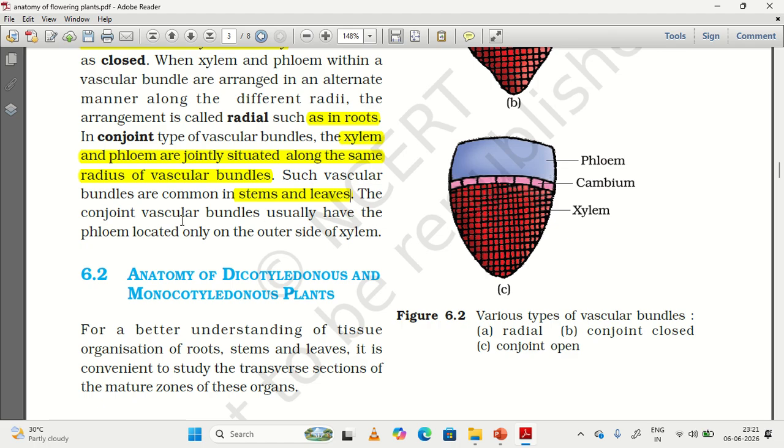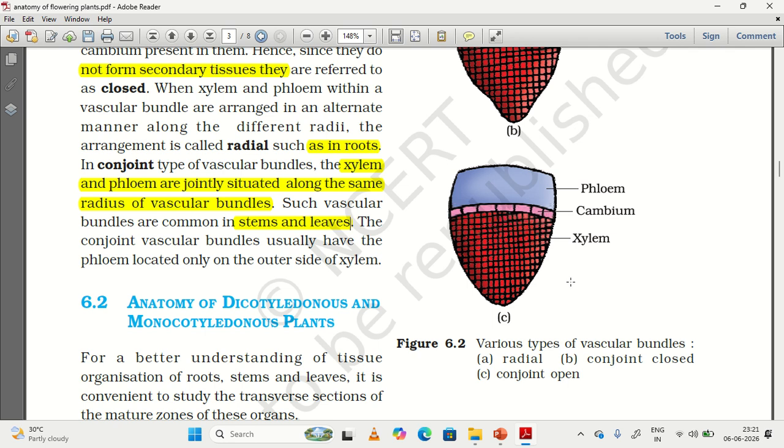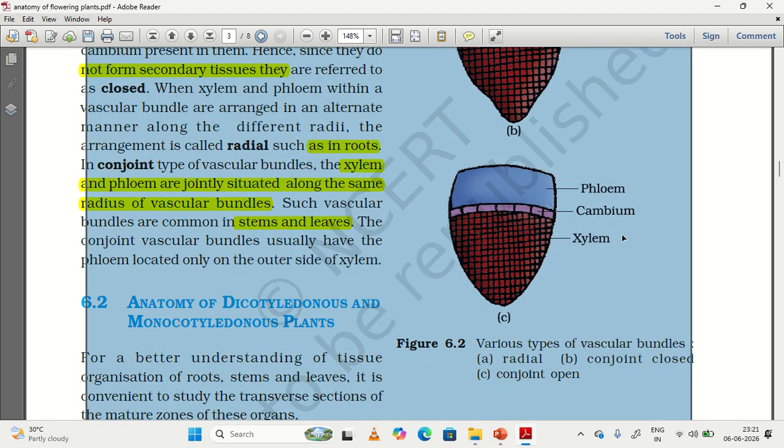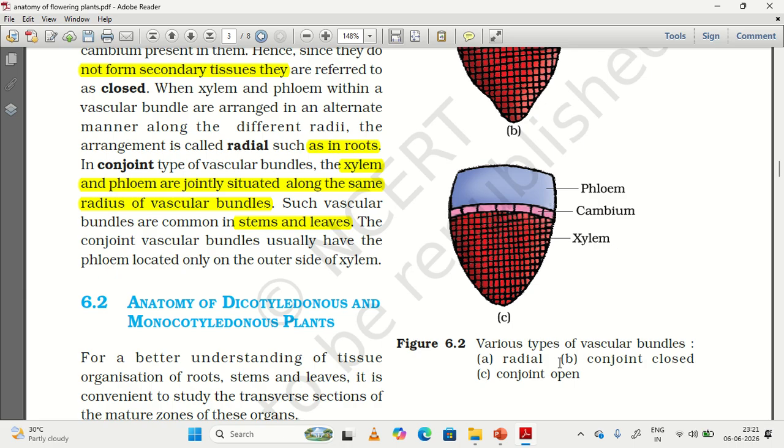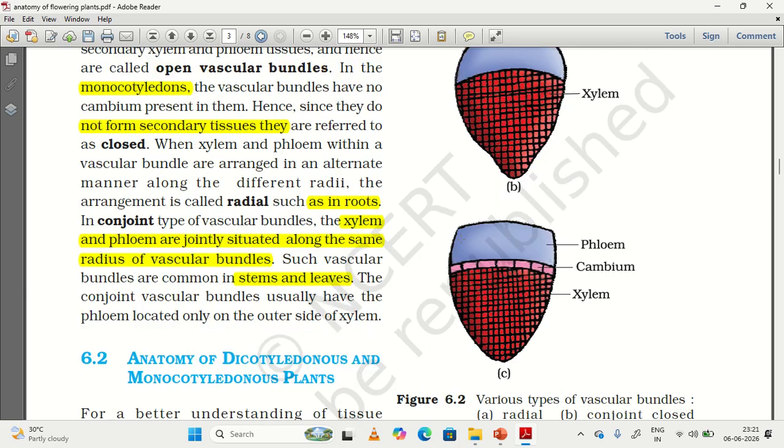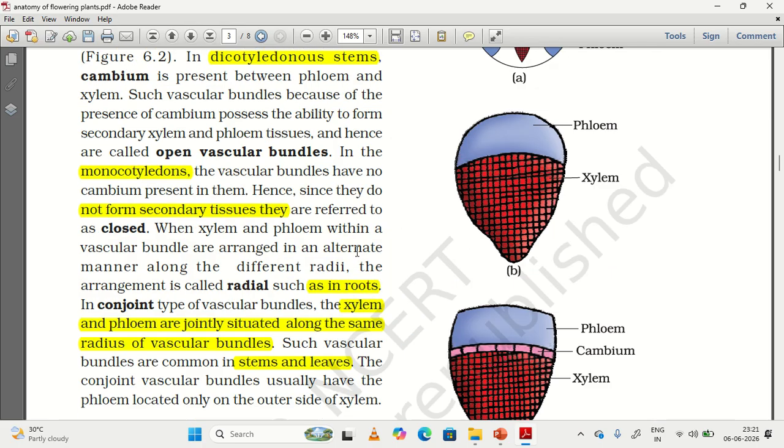Okay, the conjoint vascular bundles usually have phloem located only on the outer side of the xylem. So xylem is always inside. Remember it with the word EXIT, you have X, no? X-I. So remember it that way, X-I. Xylem is always inside and phloem is always towards the outside.